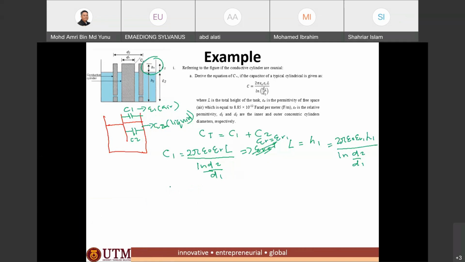For C2, it is 2 pi epsilon 0 epsilon R L over ln D2 over D1, where epsilon R is equivalent to epsilon R2 and L is equivalent to H2. So we get 2 pi epsilon 0 epsilon R2 H2 over ln D2 over D1.